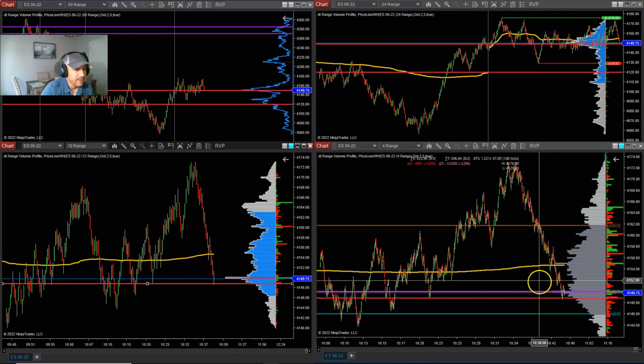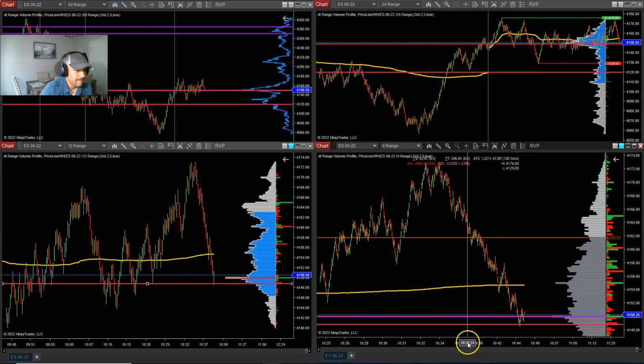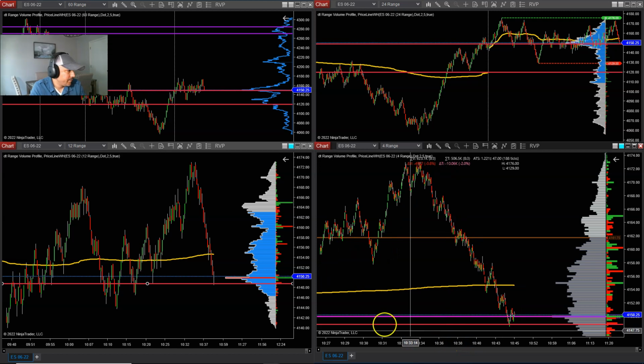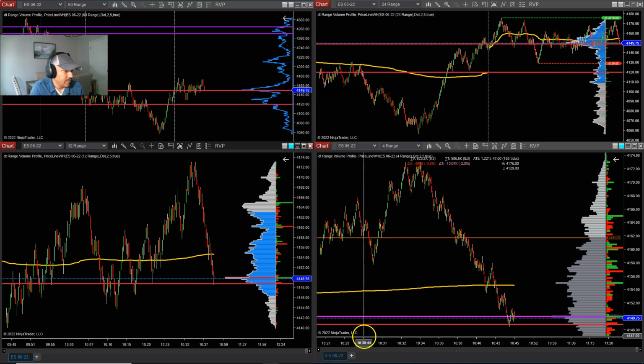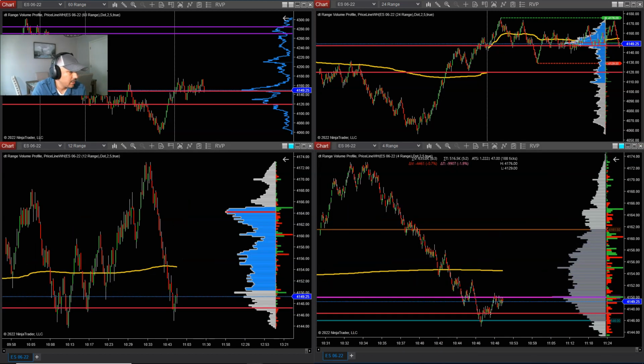Take a look at this area. Is there a swing there? I really don't want to take a trade at the VPOC to be honest with you, but let me see what price does on this pullback right here.